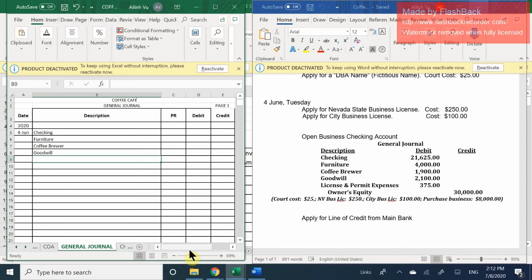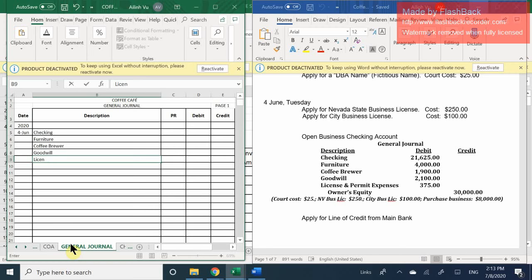I don't know if that makes any sense. You're going to have to read up on it. It's going to be under the description of loss on disposal of assets. Okay, so goodwill is going to be because we bought the company and we bought the name. All right, and the last thing that we got to do is the license.